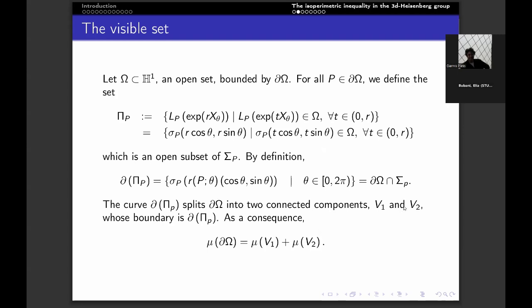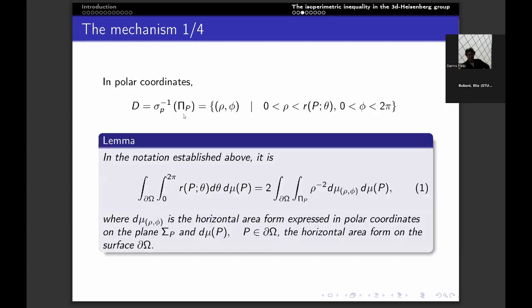Let's call them V1 and V2. So this equality here holds for the perimeter measure using the decomposition of the boundary of omega here. And then we can express d as the preimage of this set that we defined using polar coordinates.